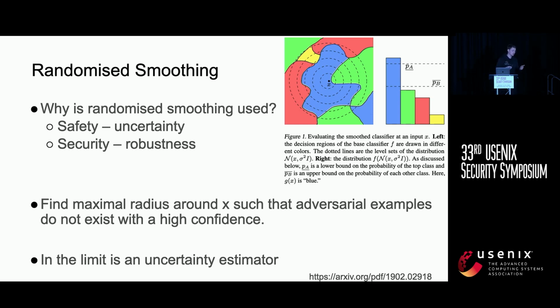In case of safety, this is as simple as saying, what is the confidence of my prediction? So if my car says I want to turn right, with what probability would you actually expect it to turn right with respect to the input? And for security, it talks about robustness of the decisions with respect to adversarial examples. People actually use this in practice, more so for uncertainty estimation and less so for adversarial robustness, although you'll find plenty of papers on the adversarial robustness side.